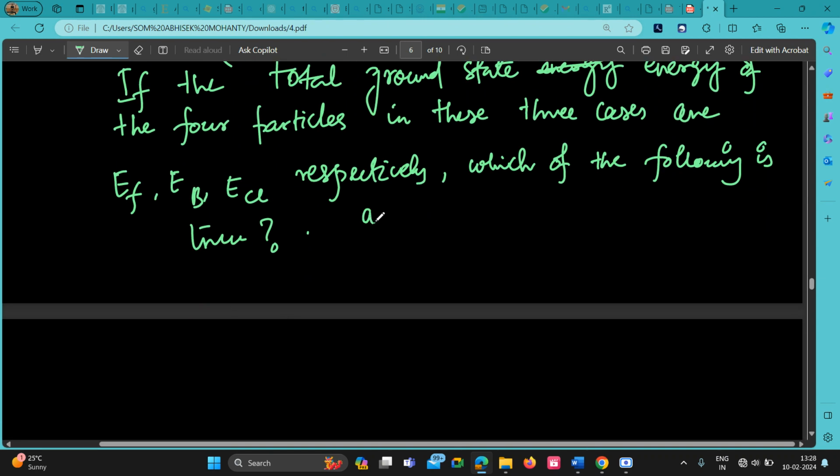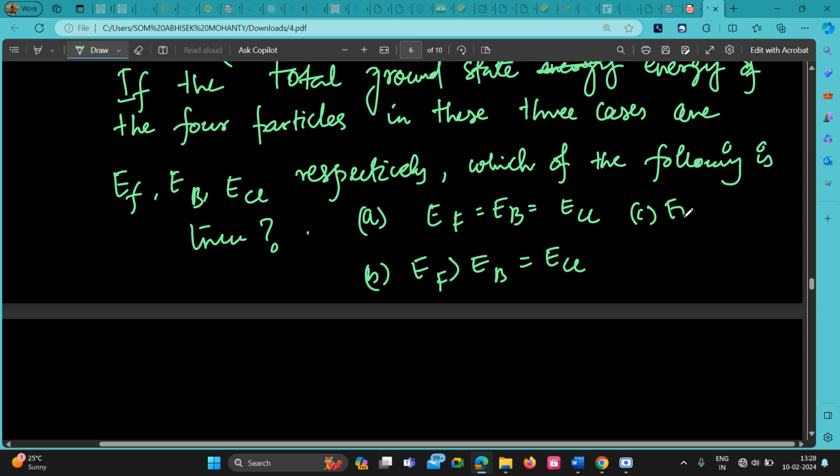Options are: EF equals EB equals ECl; EF greater than EB equals ECl; EF less than EB less than ECl; EF greater than EB greater than ECl.